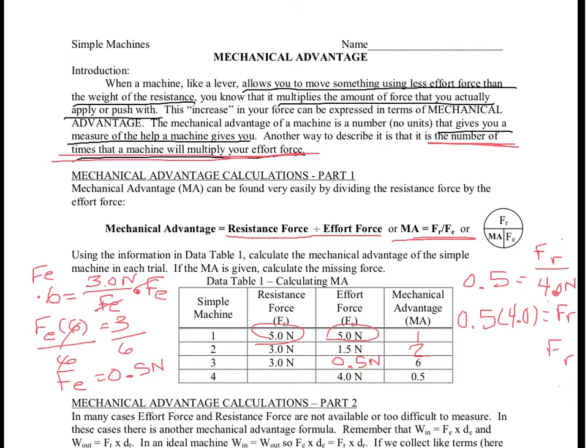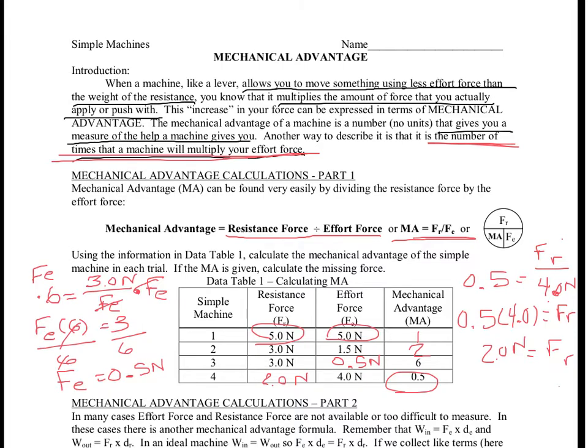And then my resistance force would be equal to 2, because 4 times 0.5 is 2. So my resistance is 2, and my effort force is 4. With a mechanical advantage less than 1, that means I actually have to put in more effort than I'm going to be getting out.